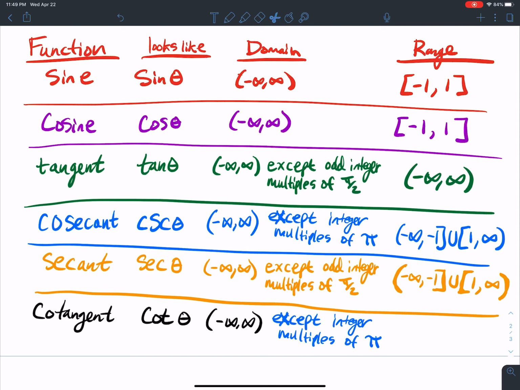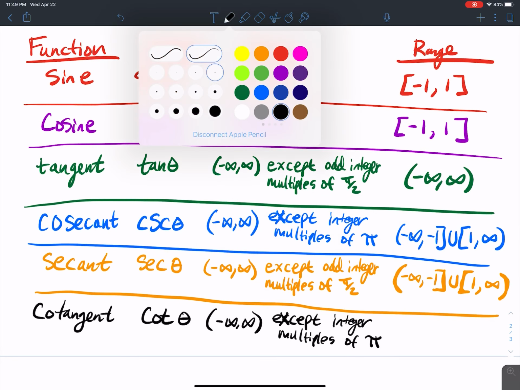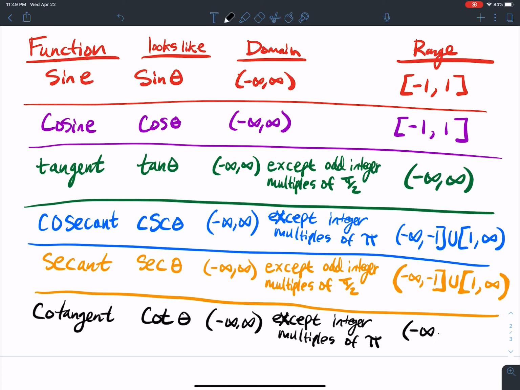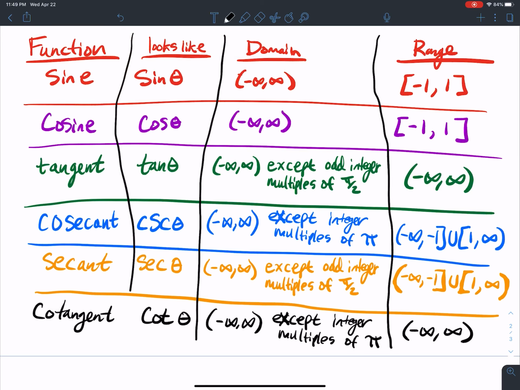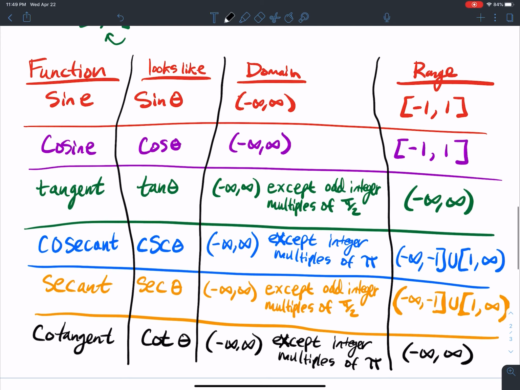So I'm going to do that, change the style, and I can be anything from negative infinity to positive infinity on my range. So hopefully, seeing all that we've done in this video, summarized in one little box right here, kind of gives you a 30,000 foot view of what's going on. All right, guys.